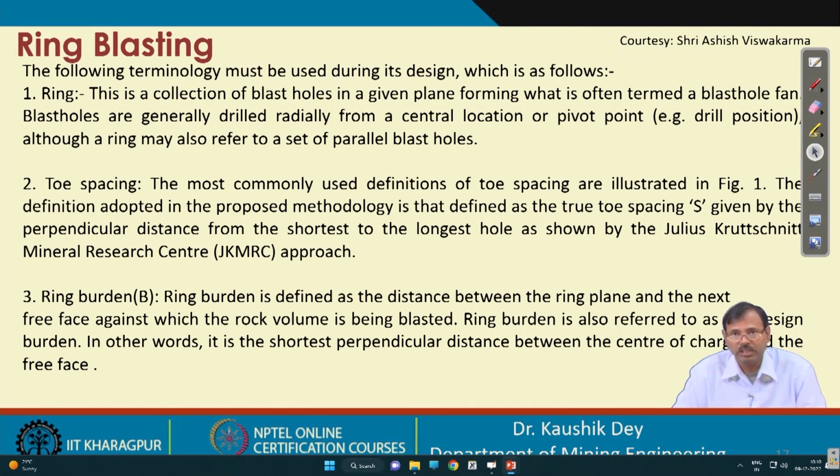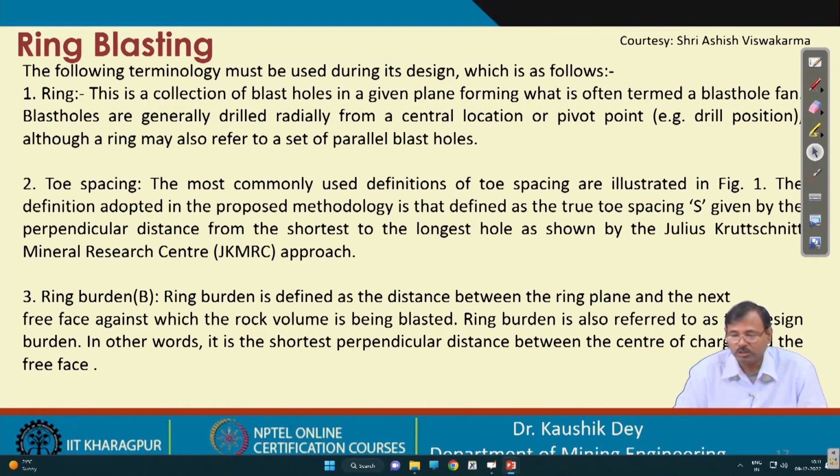The ring may be half ring, that means it may be only the vertical upward half or the lower half. It may be full ring if it is carried out for the whole 360 degree, then it may be full ring.